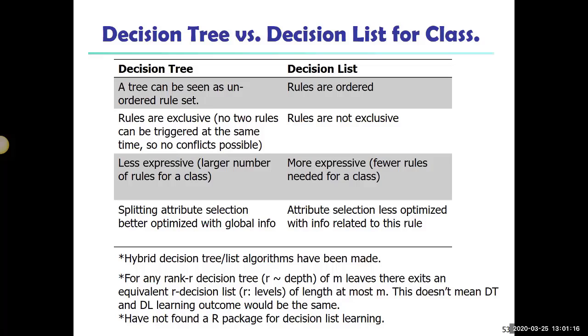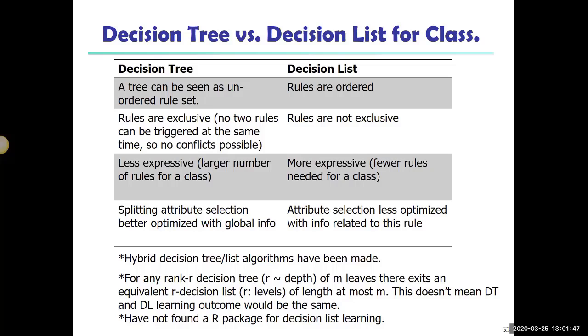The decision list looks at rule coverage and rule accuracy. In general, they are going to learn different rules. Decision list rules are ordered because the rules are not exclusive. That's why we need to add if-else to make them exclusive. Decision list can be more expressive.